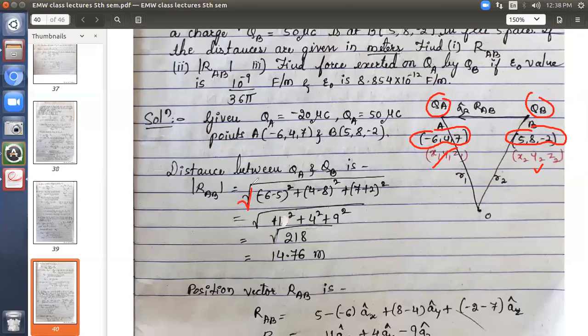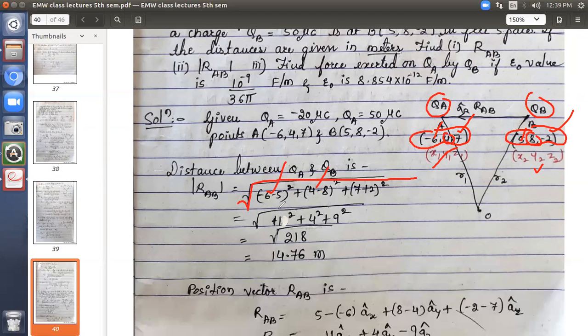It is the square root of the x values subtraction: minus 6 minus 5 whole square, plus the y coordinates, 4 minus 8 whole square, plus the z coordinates, 7 minus of minus 2, that is 7 plus 2, whole square.